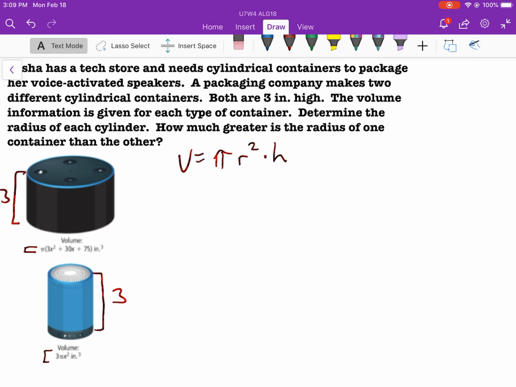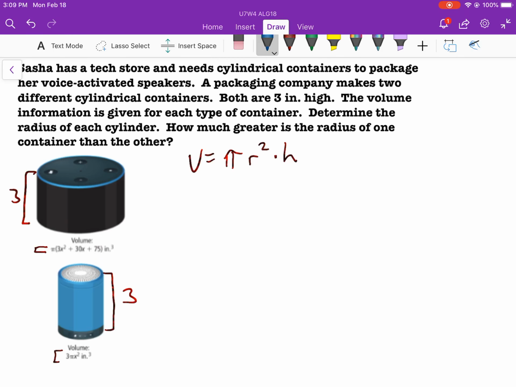Probably blow this up a little bit. So we can say that the volume of this one is equal to pi times 3x squared plus 30x plus 75.